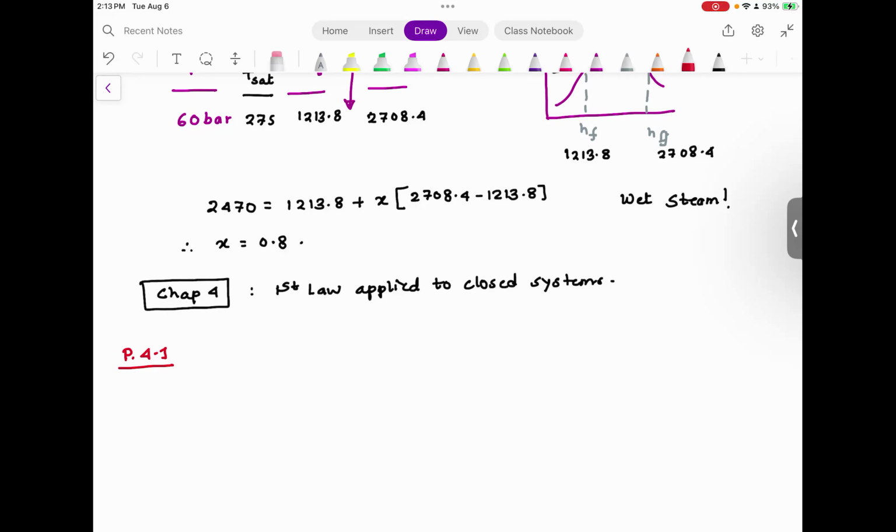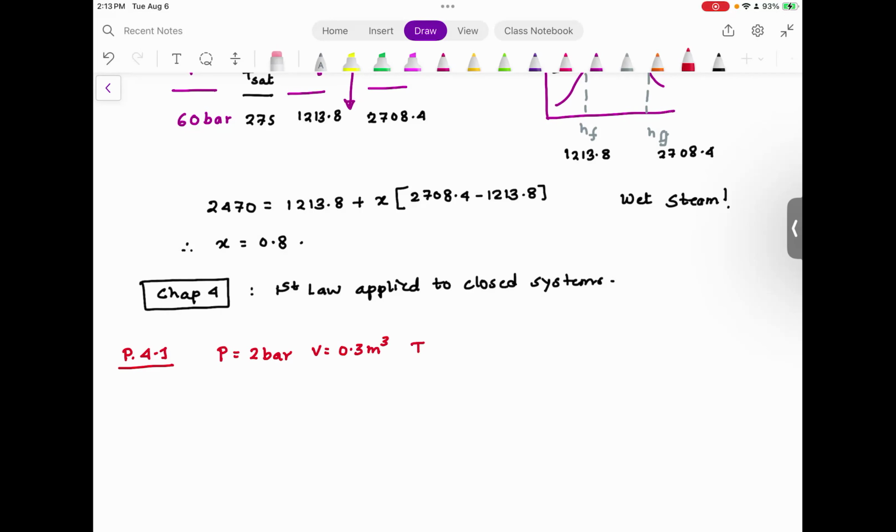A certain gas occupies a volume of 0.3 meter cube at pressure 2 bars. Pressure is equal to 2 bar. Volume, this is the total volume, 0.3 meter cube.